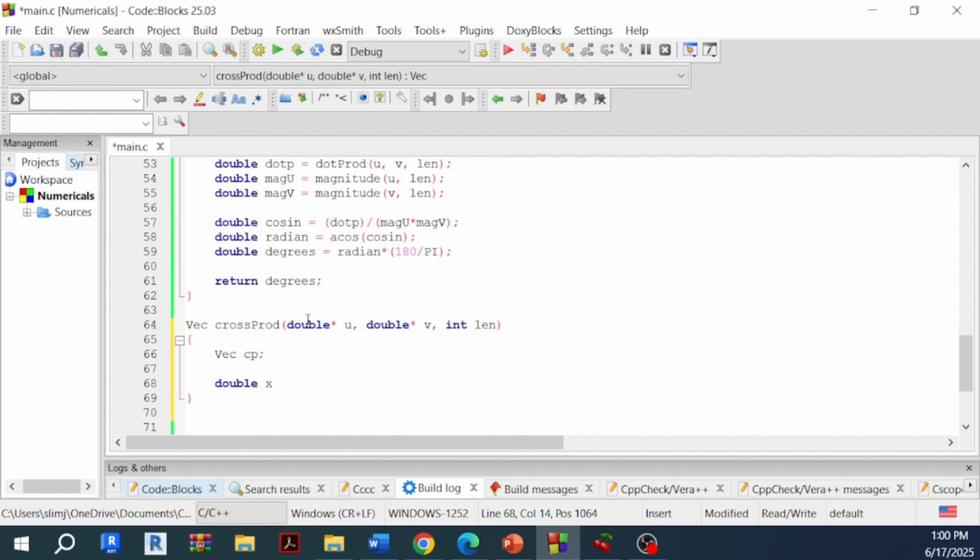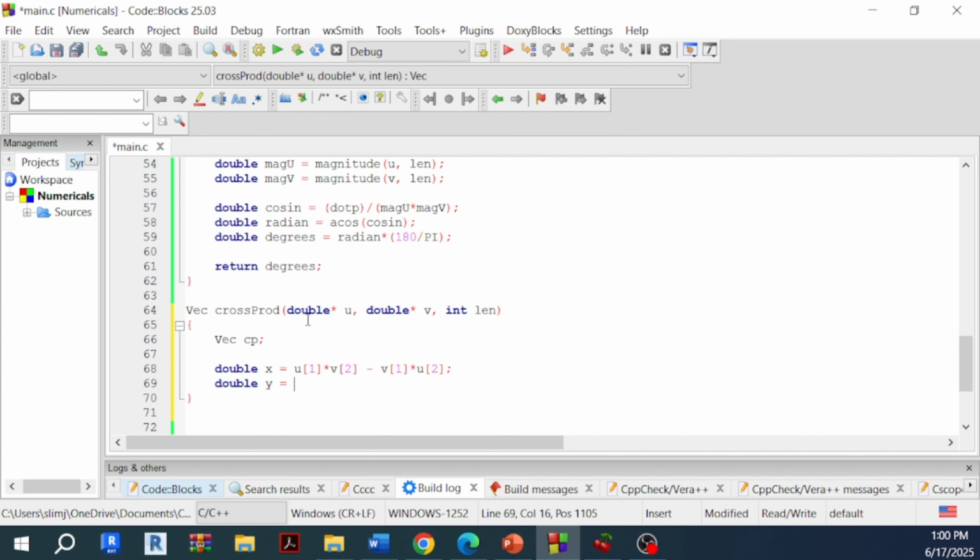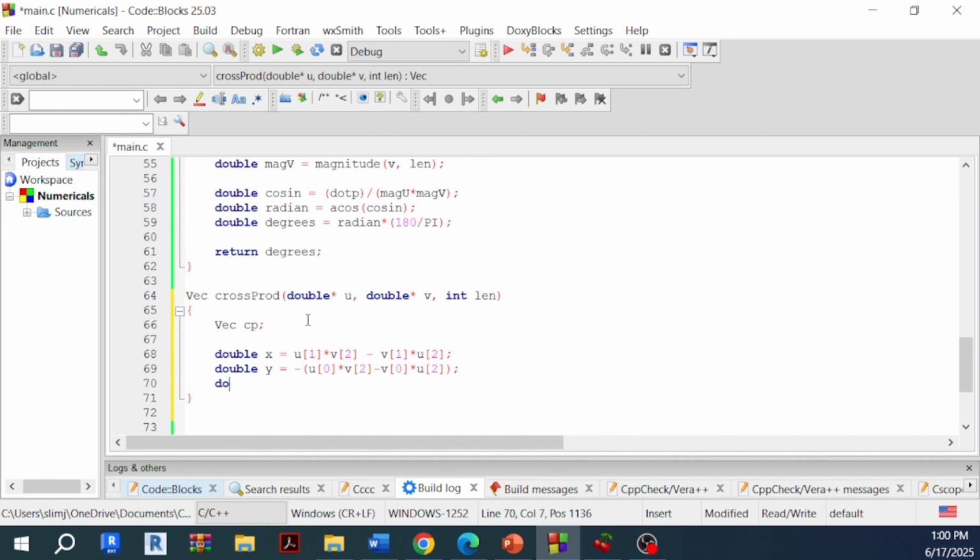Double x is equal to u1 times v2 minus v1 times u2. Y is equal to minus, here we have j that is negative, so u0 times v2 minus v0 times u2. Finally, double z is equal to u0 times v1 minus v0 times u1.